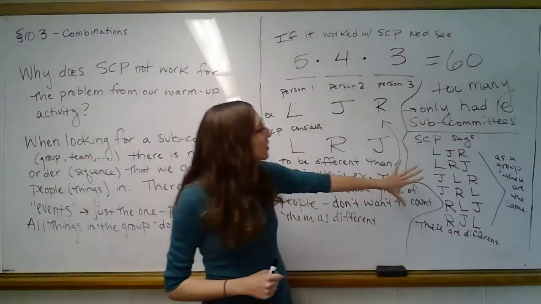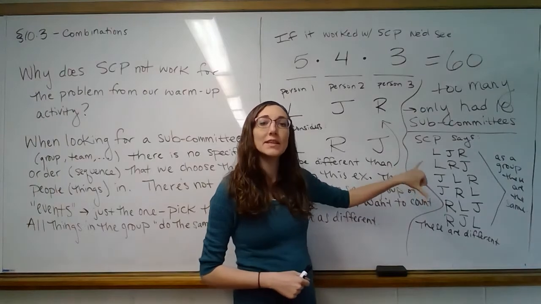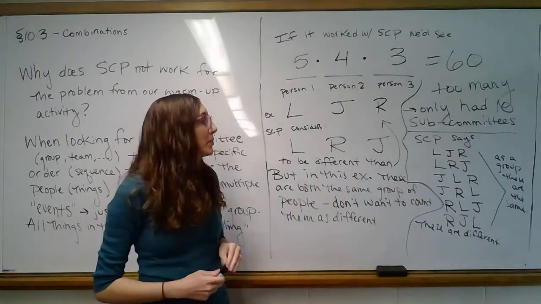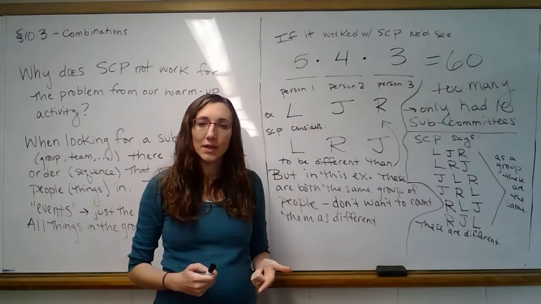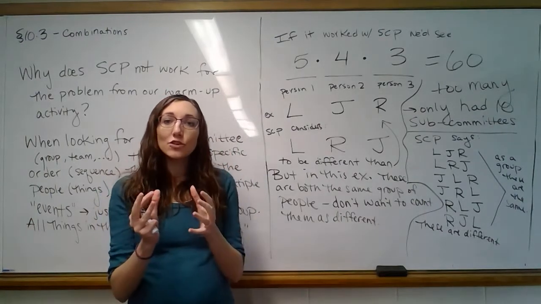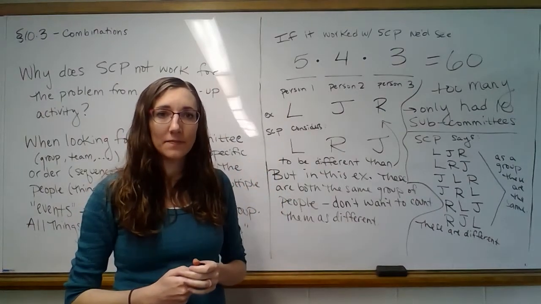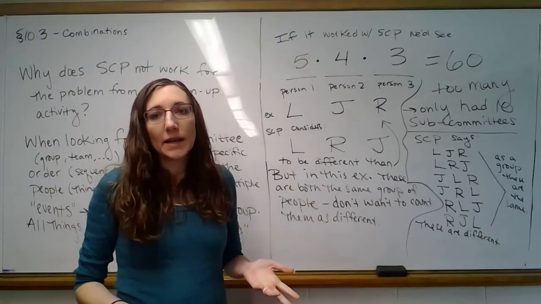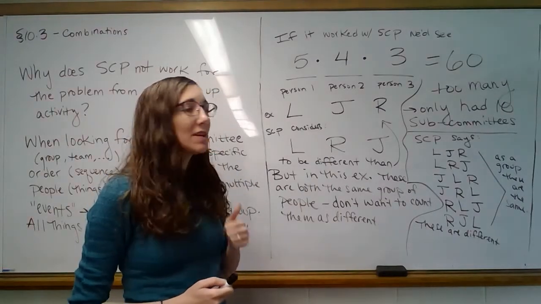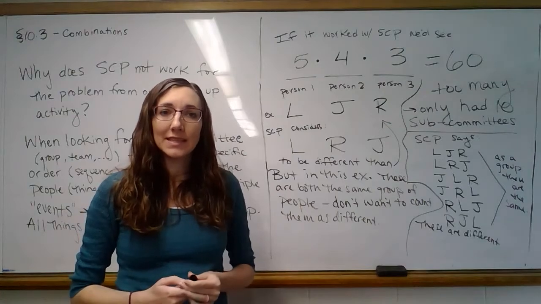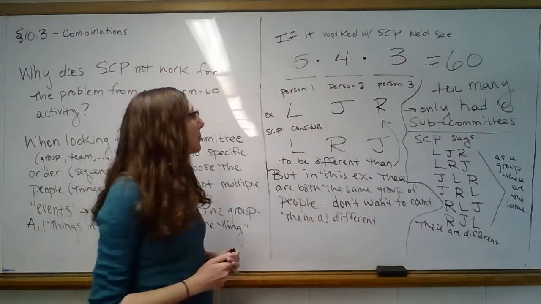What sequential counting does is take one distinct group, this triple of people, and count it 6 times. Every distinct group got counted 6 times, whereas I only wanted each of them counted once. So really what happened was we ended up doing 60 divided by 6. We'll see that show up again in a later video.